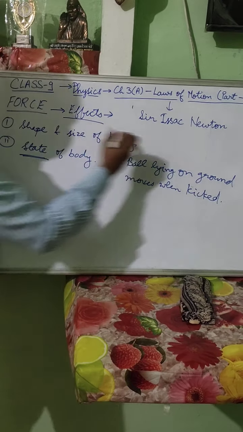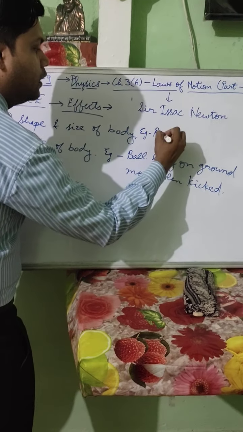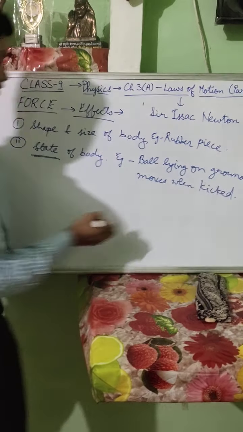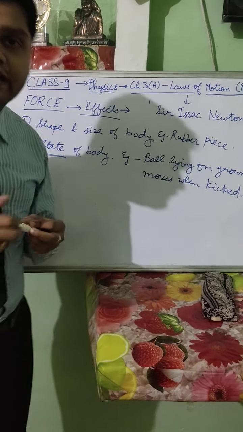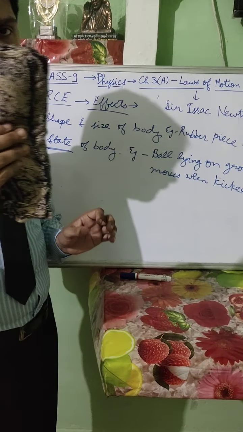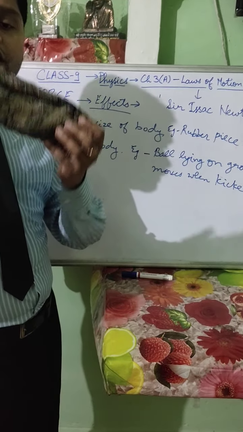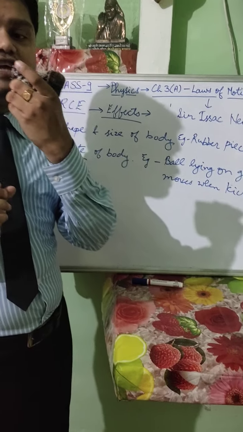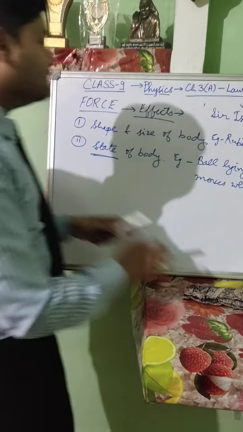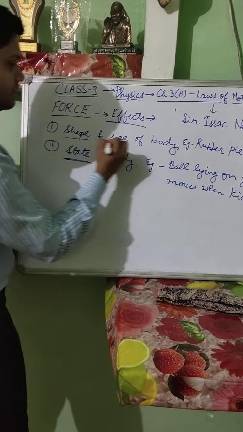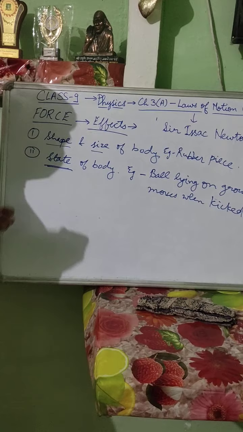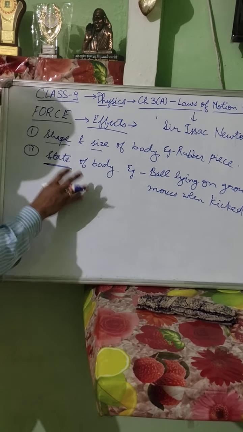For shape and size, we can take the example of a rubber ball or rubber piece. If we apply force, it will change its dimensions. You can say this is a duster made up of cotton. If we apply the force, it changes its shape. So definitely this is the effect of force. It can change the shape and size of the body, and it can change the state of the body also.